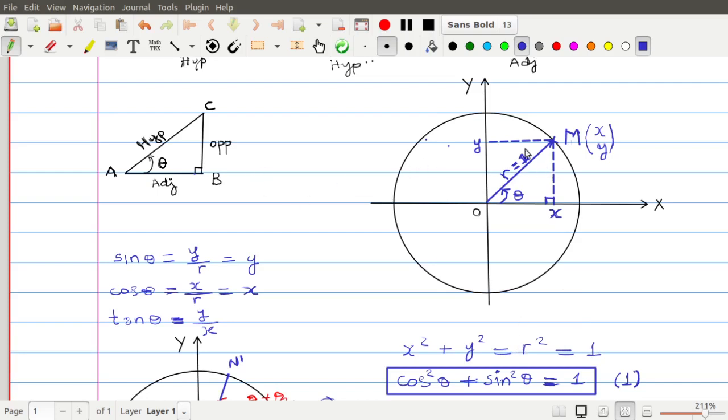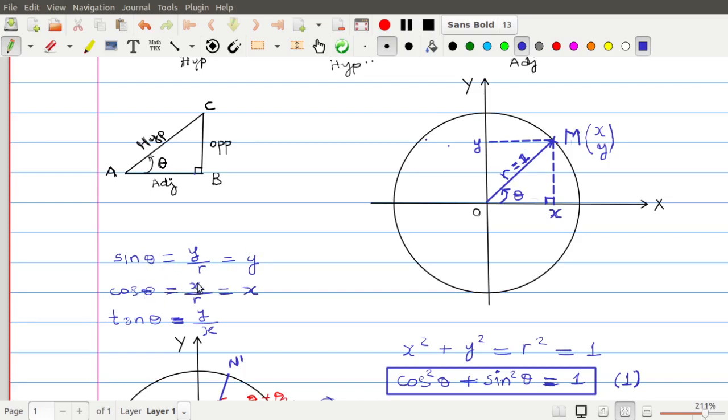Okay, so using the similar definition of the cosine and sine of the angle, we have sine of the angle theta is opposite, that is y, over hypotenuse, which is r. So sine theta is y over r, equal to y since r is 1.